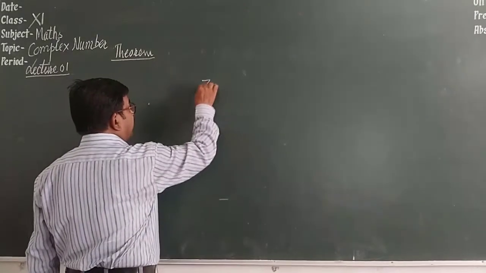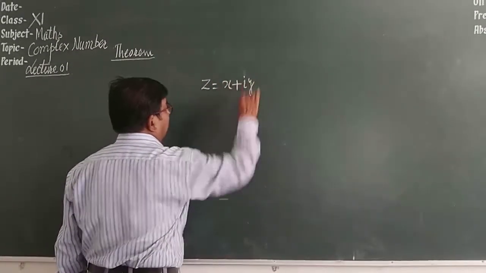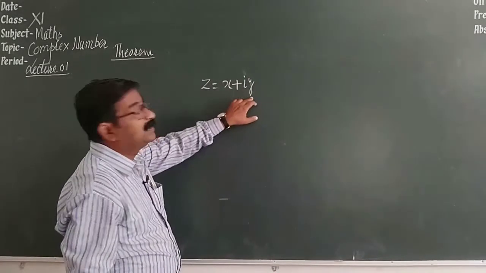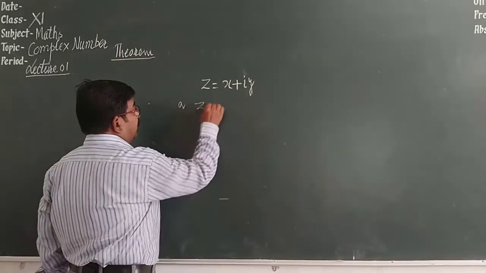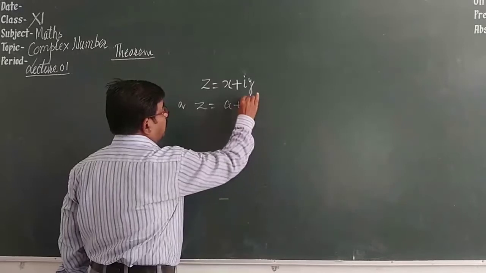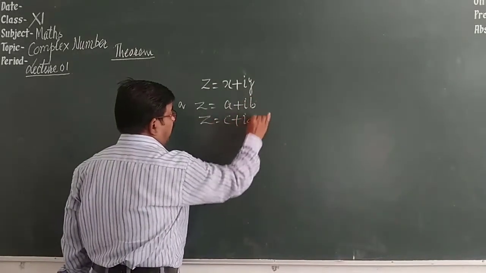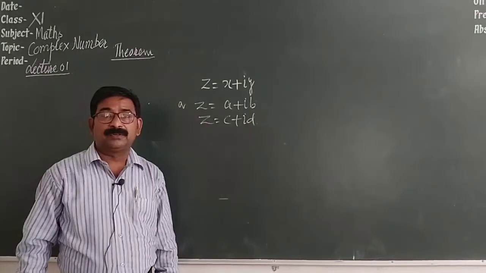So z is equal to x plus iy, where x is real and iy, this iota, is imaginary, or z is equal to a plus ib, or z is equal to c plus id, all these are complex numbers.